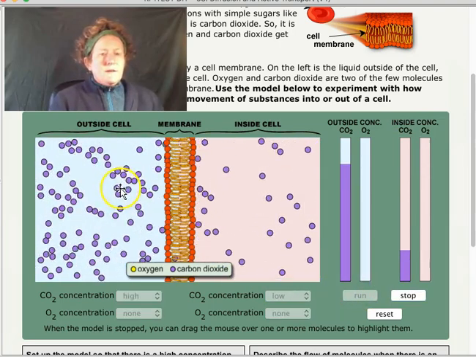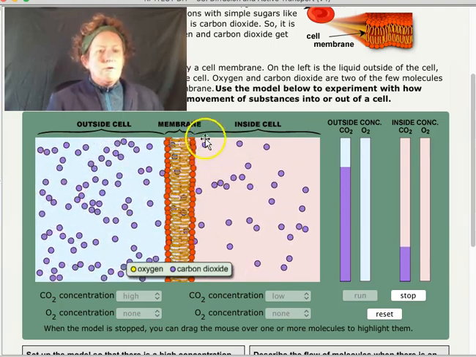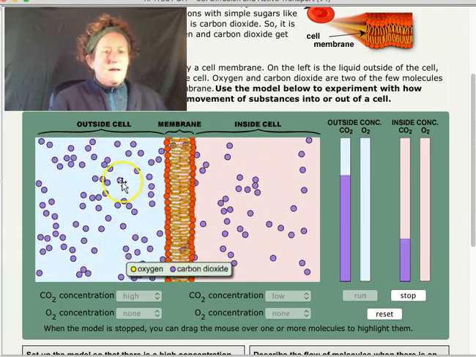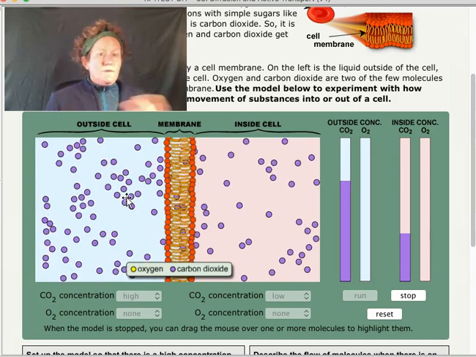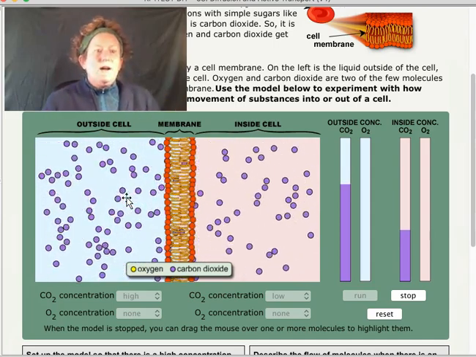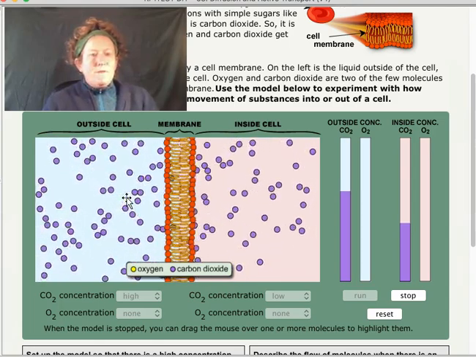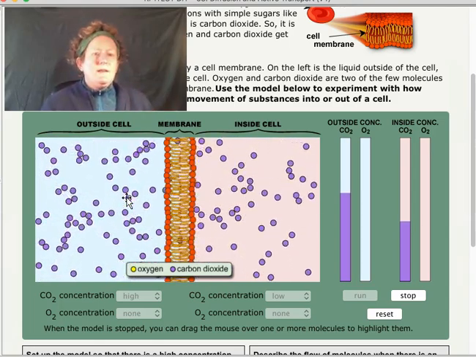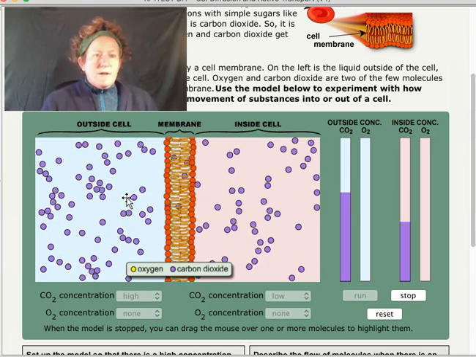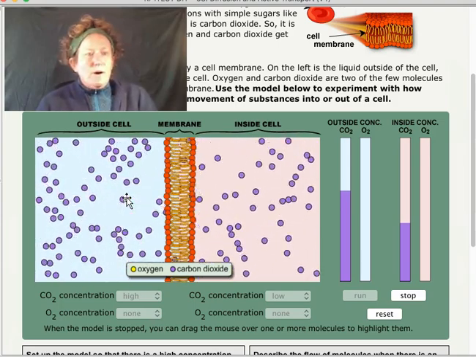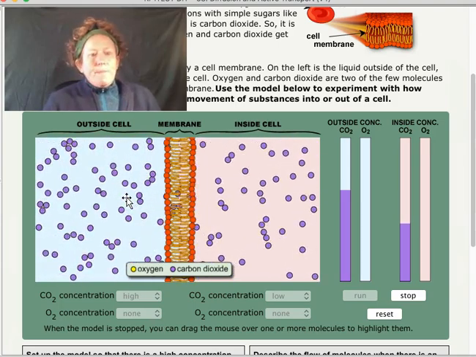Some of these carbon dioxide molecules can cross the cell membrane here. They can diffuse, they're moving around randomly like we just talked about with the first couple of models where you're riding the air molecule, and then we saw the drop of dye in the glass of water.